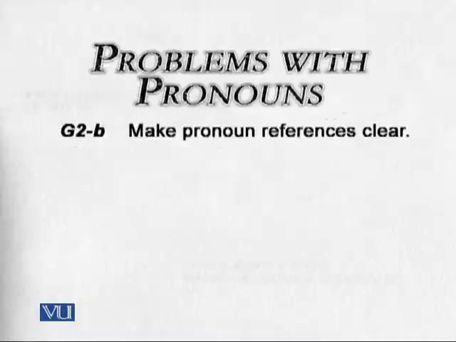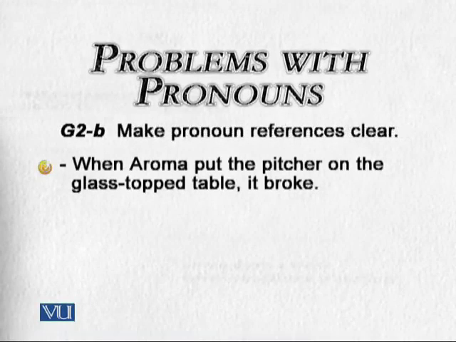So this is how the first principle goes, that pronoun should agree with the antecedents. Let's see the next rule for pronouns: make pronoun references clear. Example, a very interesting one. When Aroma put the pitcher on the glass top table, it broke. Now, if you take a look at this sentence, two things are there.